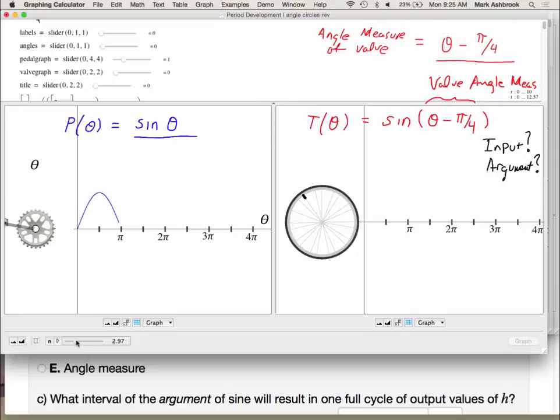So it's back to the midline now. And then down to -1 at 3 pi over 2. And then back to the midline, 0. So that's our function p. And then another rotation will just show the same cycle of output values, right?